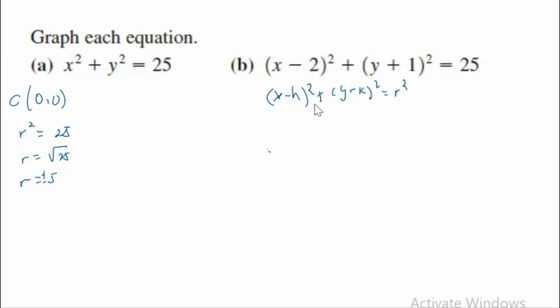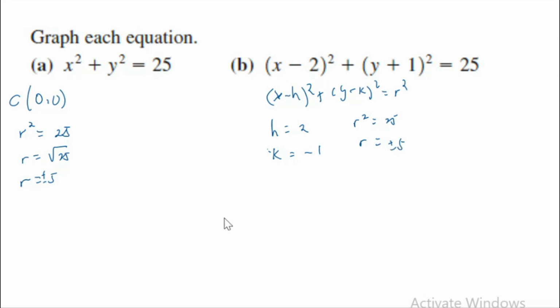Comparing the given to our formula, we could say that the value of h is equal to 2, then the value of k is equal to negative 1. It's negative 1, so y minus negative 1 becomes positive 1. And the value of r squared is equal to 25, so r is equal to plus or minus 5.